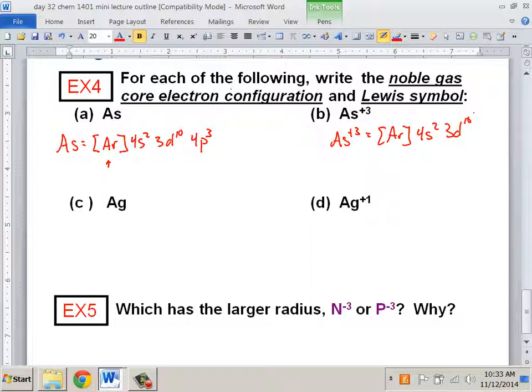It doesn't really matter. I don't know why I changed it to silver. Try silver too. You have selenium in your notes. You can try silver too. We have plenty of time here.